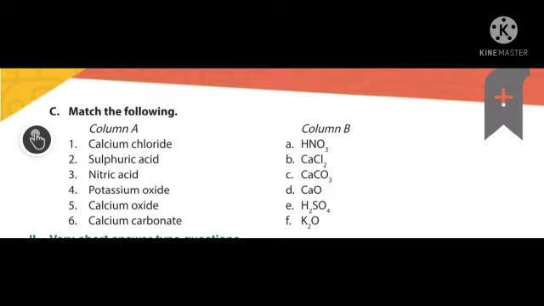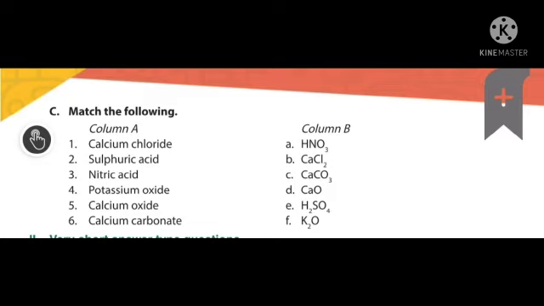Calcium chloride, CaCl2; sulfuric acid, H2SO4; nitric acid, HNO3; potassium oxide, K2O; calcium oxide, CaO; calcium carbonate, CaCO3.